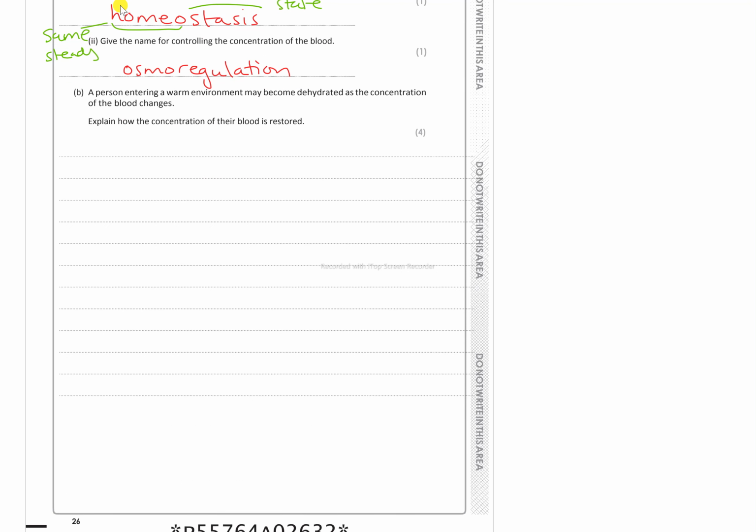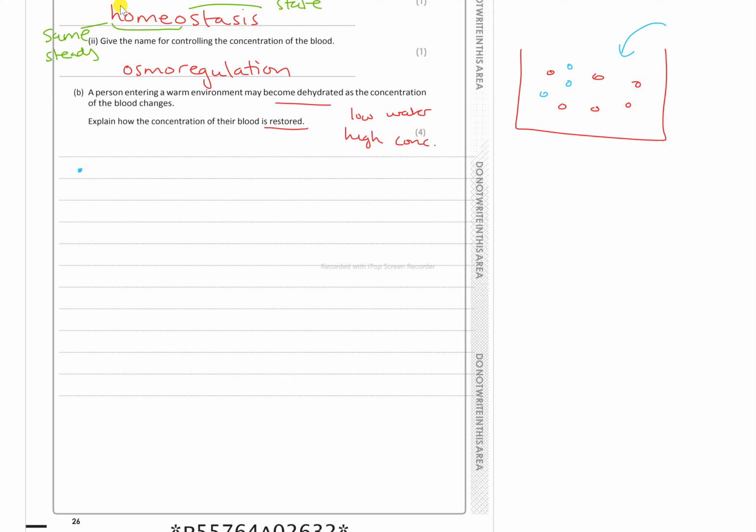Okay. A person entering a warm environment may become dehydrated as the concentration of blood changes. Explain how the concentration of blood is restored. So at the moment you have low water levels or high concentration of blood. There's not enough water in there, so your body needs to bring some water back.